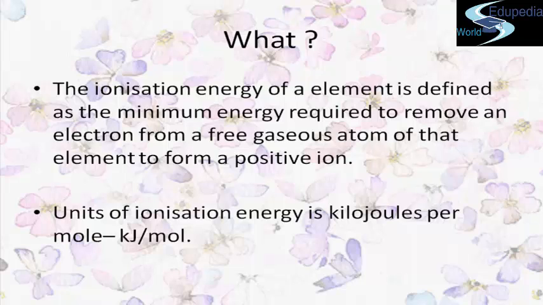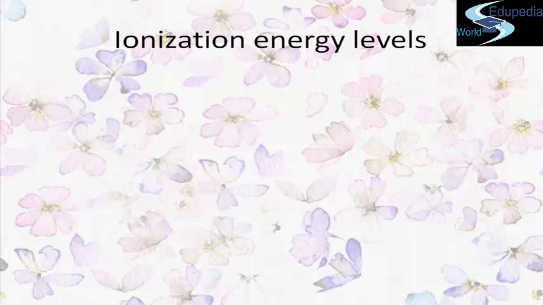More than one electron can also be removed from an atom one by one by supplying more and more energy. In fact, we basically have three ionization energy levels. The energy required to remove the first electron from the neutral gaseous atom to form a singly charged positive ion, we call the first ionization energy.